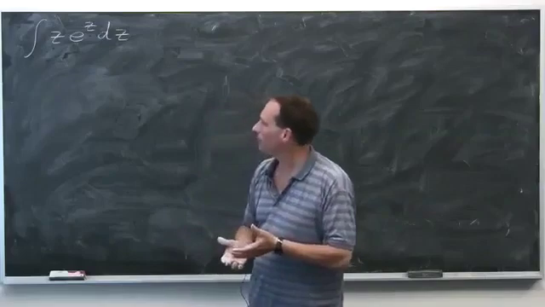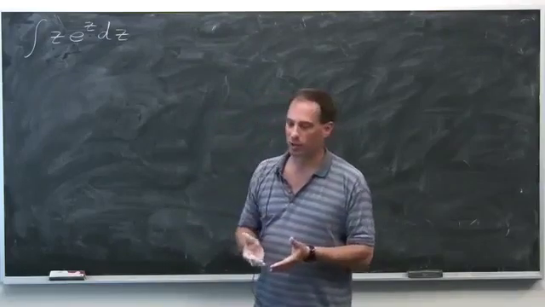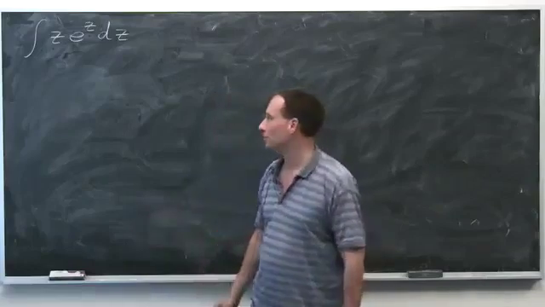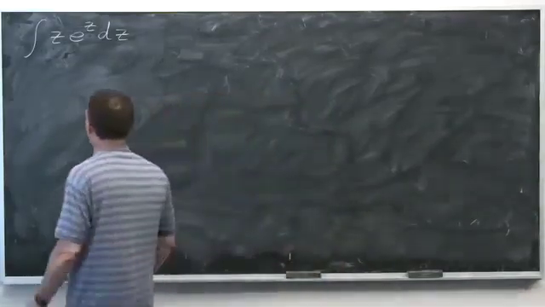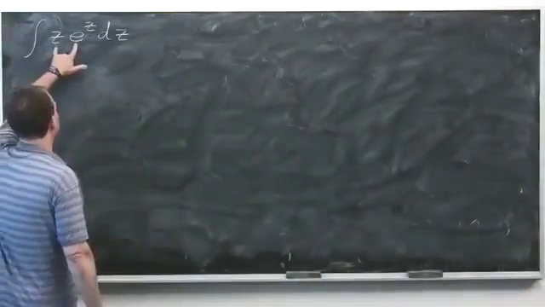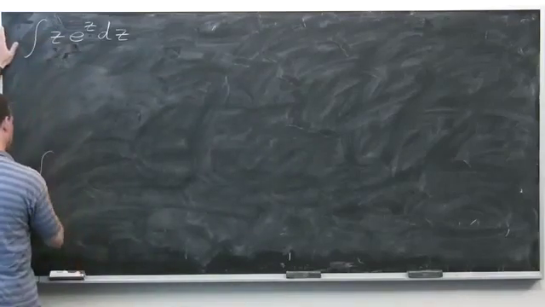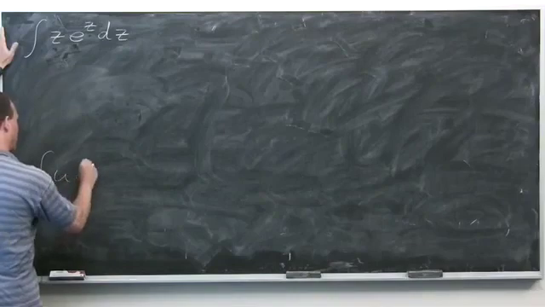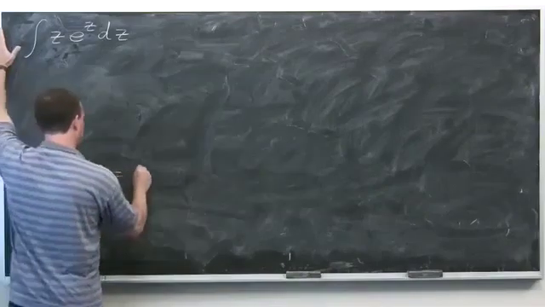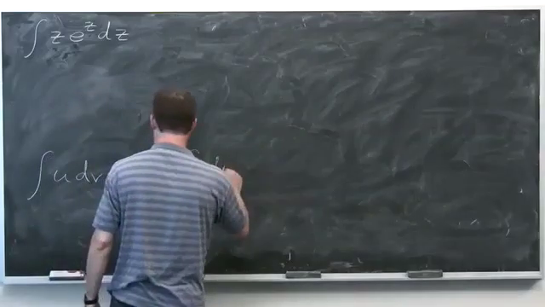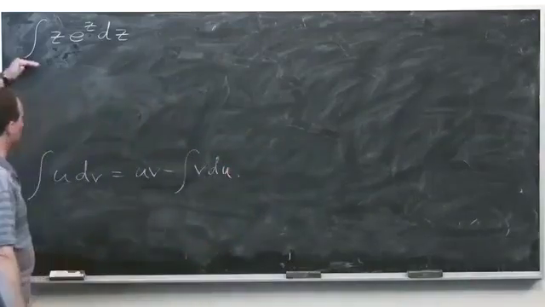But you look at this, you don't see a substitution that will help, and then you agonize over the fact that maybe I have to use integration by parts. And it's reasonable because this does look like the product of two very different kinds of functions. So you think integration by parts. The integral of u dv equals u times v minus the integral of v du. Here's your integral.